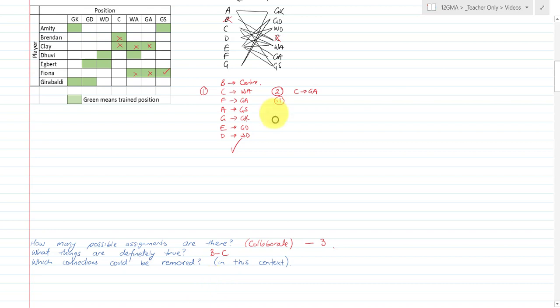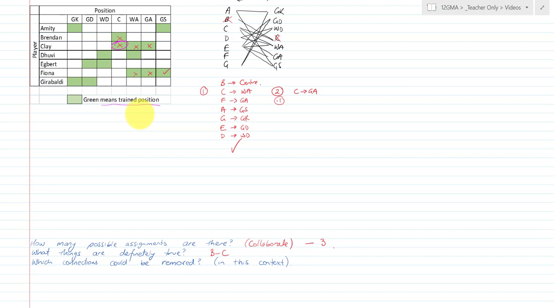Well, the only one that's obvious to me is that Clay can never be centre because Brendan's being a bit of a hog. If Clay was centre, Brendan's restricted to be in an untrained position. And we're obviously making this assumption here that they have to be playing in a trained position. So we could remove that centre position. And then the only other person I'd look closely at is Fiona.